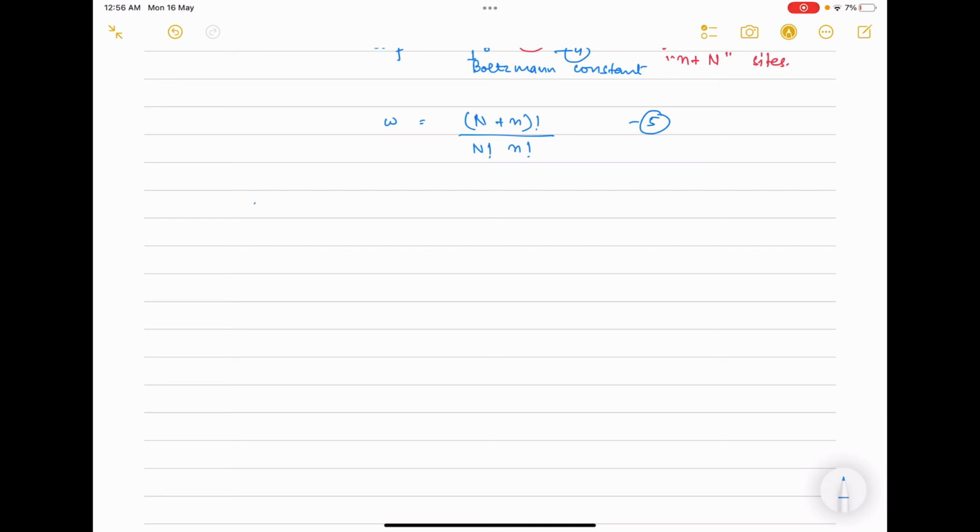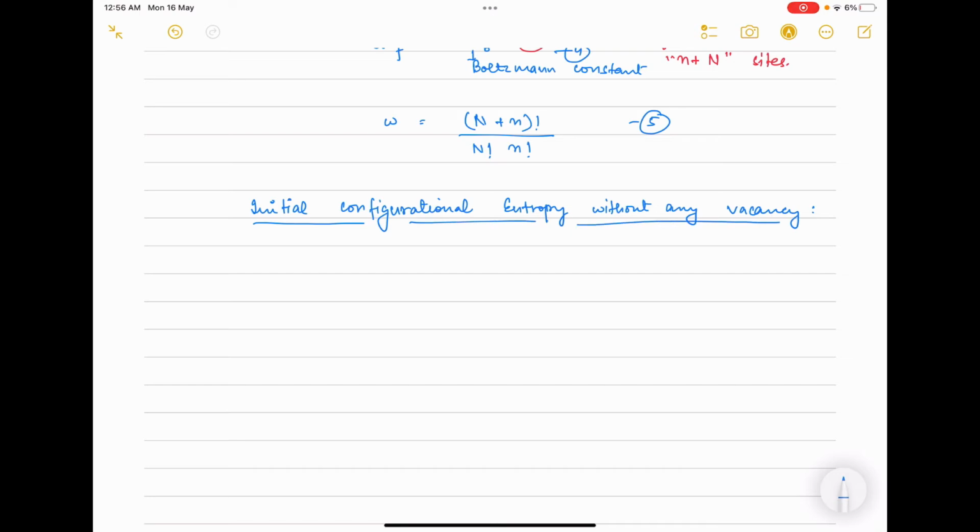Now let us see the initial configurational entropy without any vacancy. When there are no vacancies present, what is the configurational entropy?